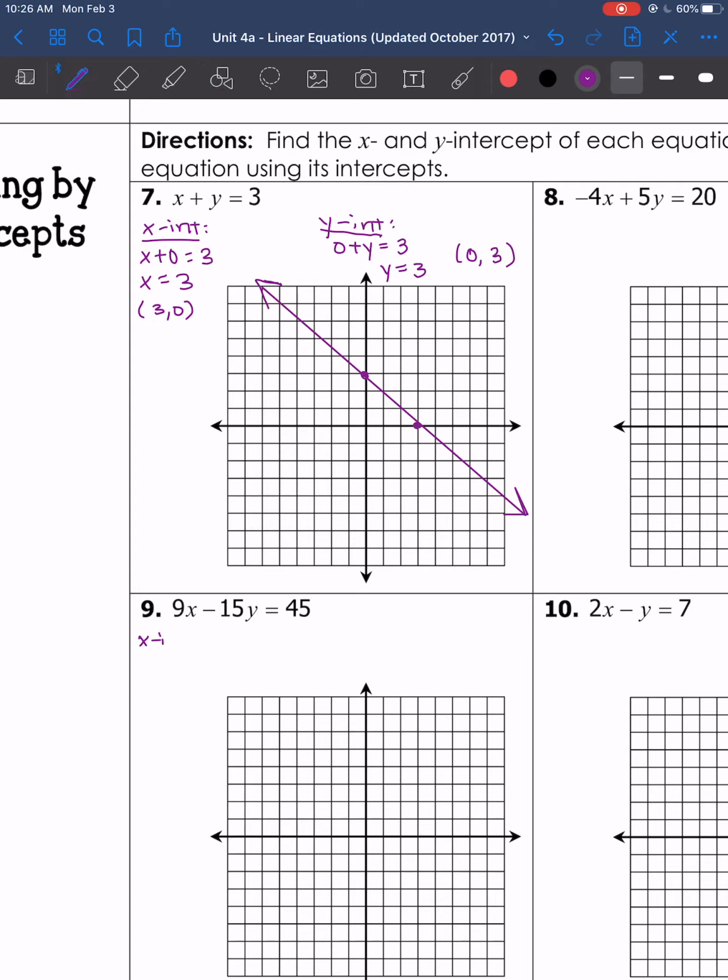So the x-intercept and the y-intercept we want to find. For the x-intercept, we're going to do 9x minus 15 times 0, because you plug in 0 for y, equals 45. So 9x equals 45. So x is equal to 5. So 5, 0 is my point.